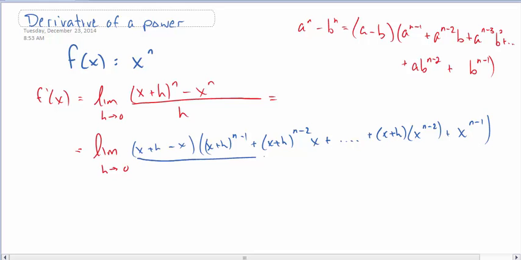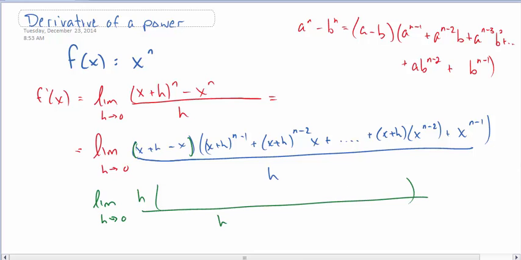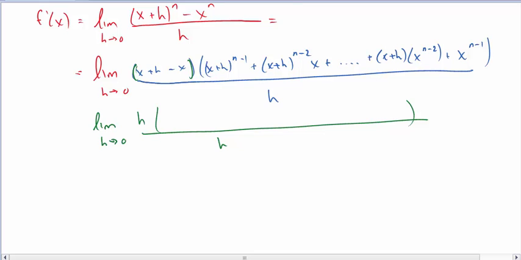And this is all over h. Well, look at what happens in this first factor. The x's go away. Limit as h goes to 0 of h times stuff over h. And, well, will you look at that?